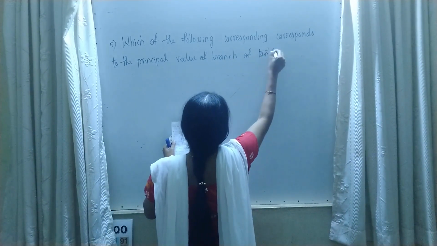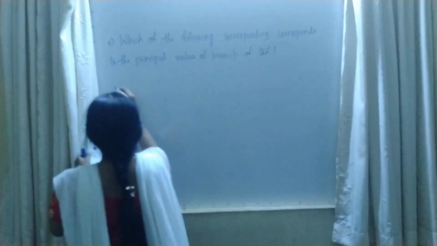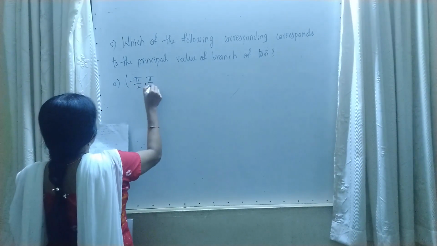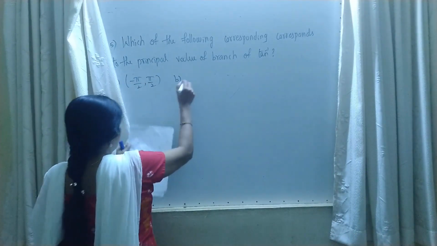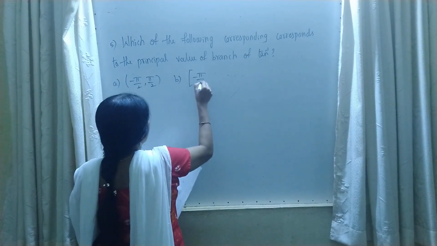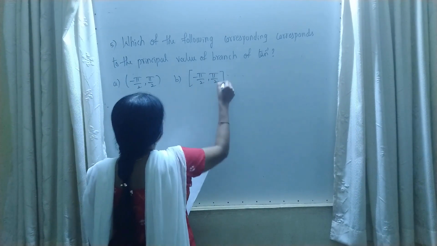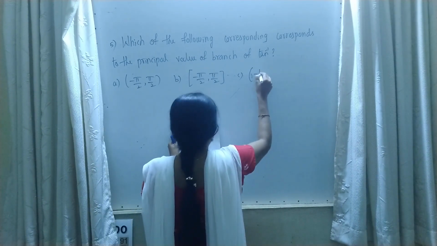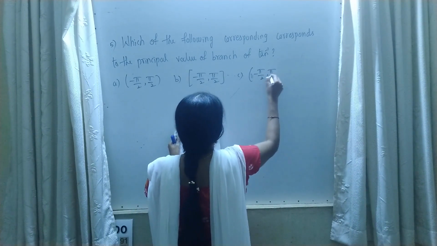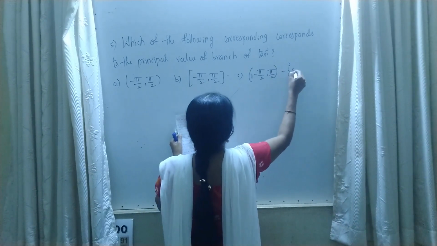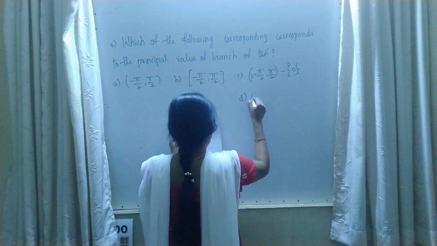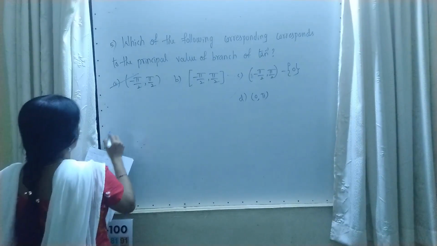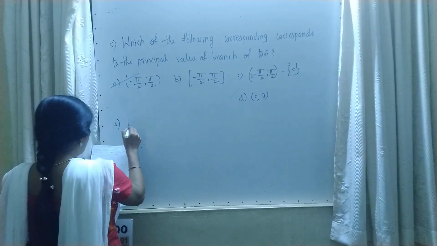So all these questions are directly from theory. If you are thorough in the theory, you can answer this directly, without options also you can tell the answer. And already you are familiar, the answer is the first one. Next question.